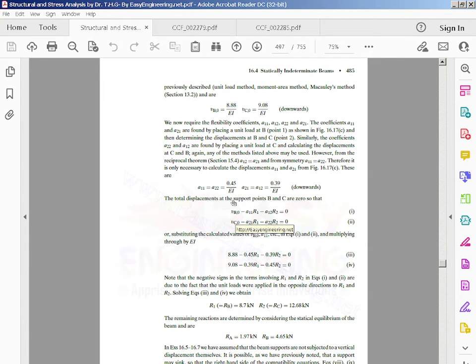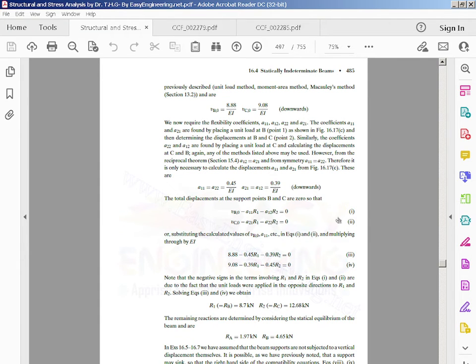The total displacements at the support points B and C are 0, so VB0 minus A11 R1, where R1 is RB, minus A12 R2 equals 0. Then VC0 minus A21 R1, also RB, minus A22 R2, which is RC, equals 0.